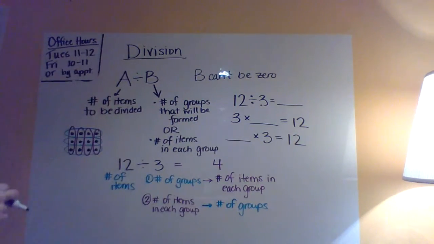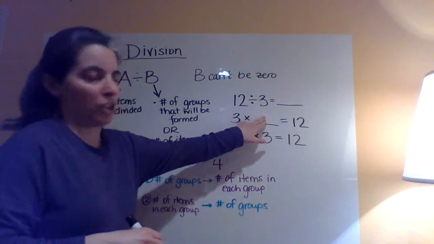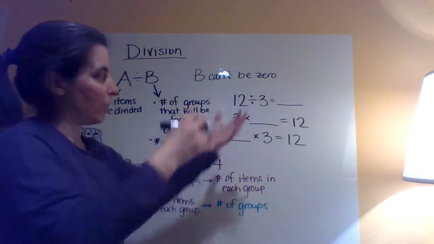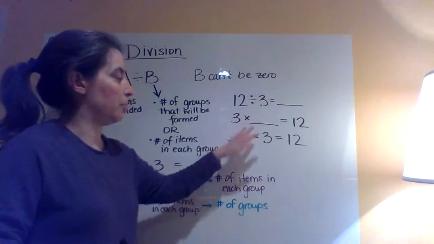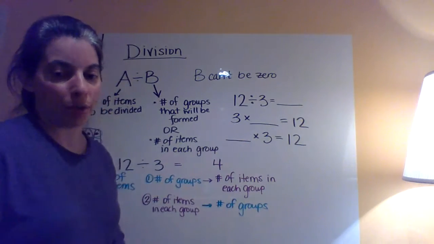So remember before we talked about A times B being this many groups times this many items in each group. So kind of depending on where you're calling this, you can put the 3 and the unknown in either spot, but we know that's okay from the commutative property.